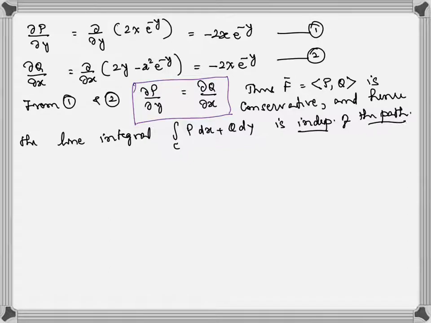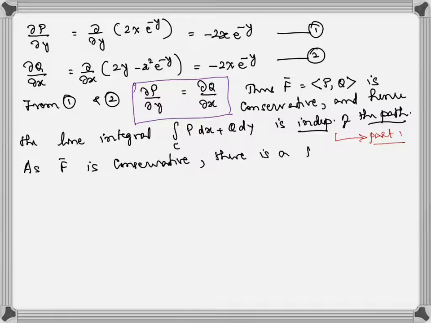Now the next part is to evaluate the integral. If F is conservative, there is a potential function f such that the vector field F is equal to the gradient of the lowercase f.